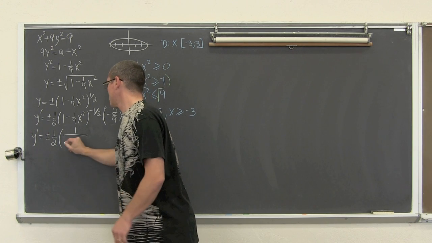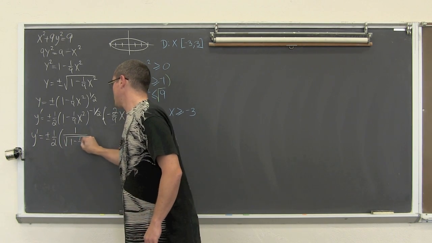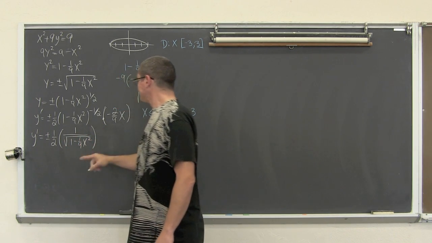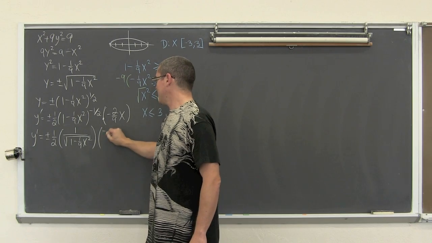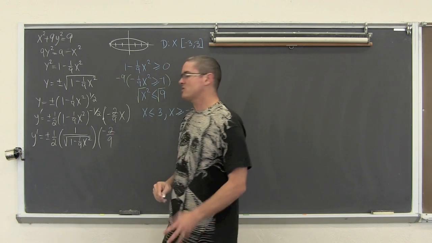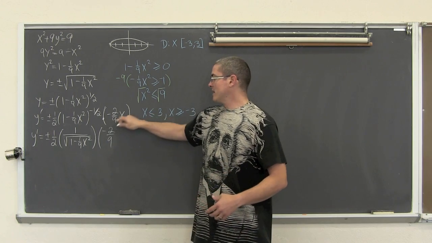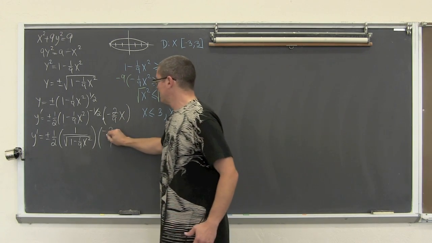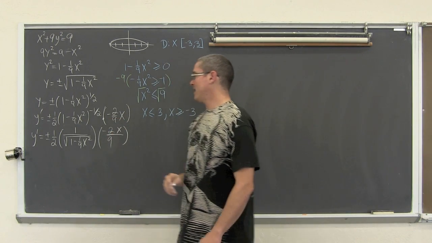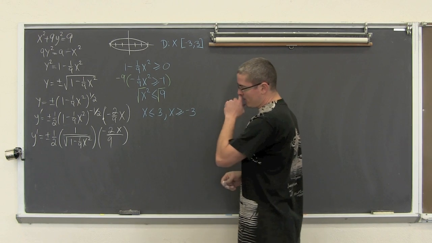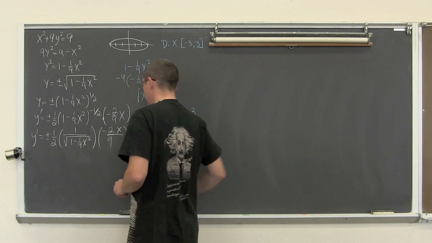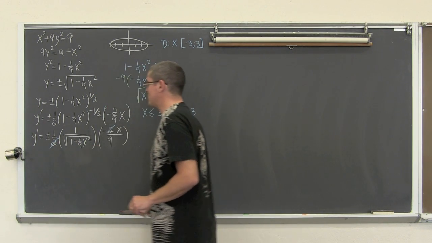So 1 over the square root of 1 minus 1/9 x squared times negative 2 over 9. Just to make sure we understand where all the variables need to be, that's 2/9 times x over 1, so it's negative 2x over 9. Now, canceling stuff out here, the 2's cancel out, and that's pretty much it.